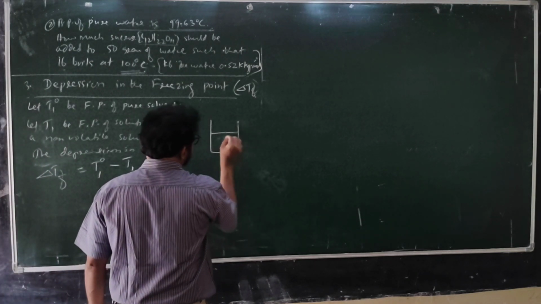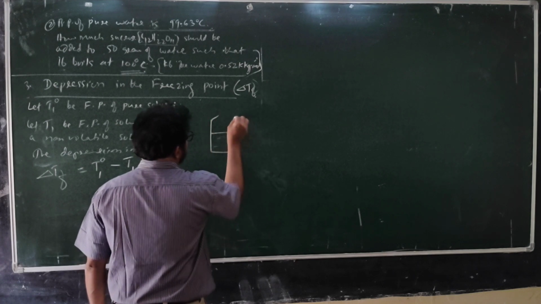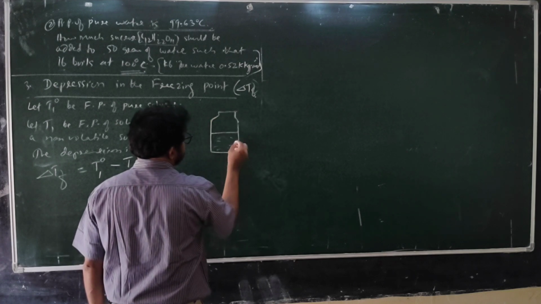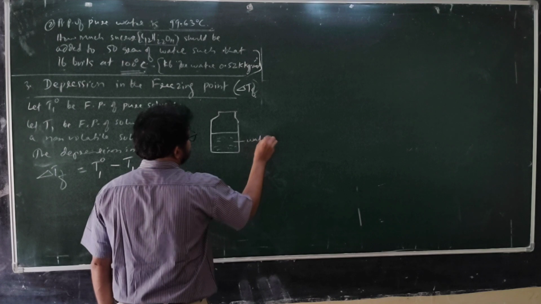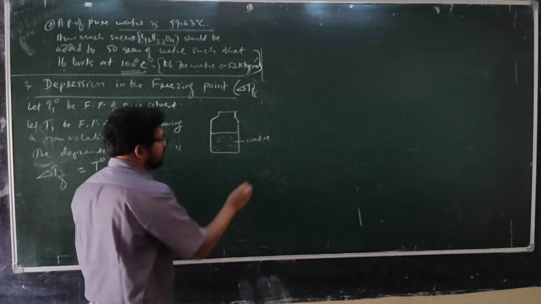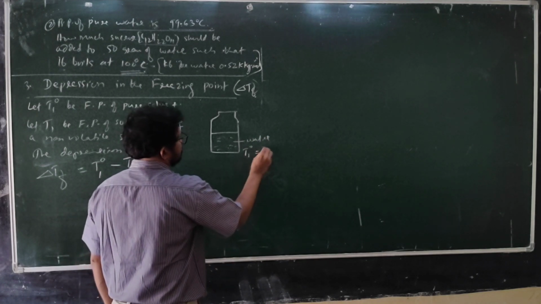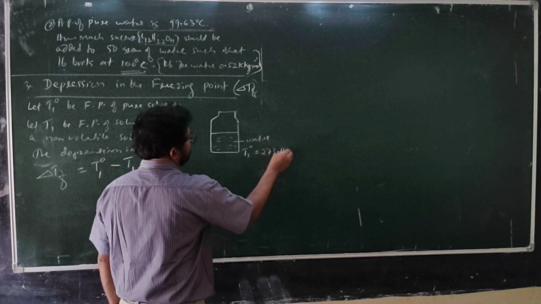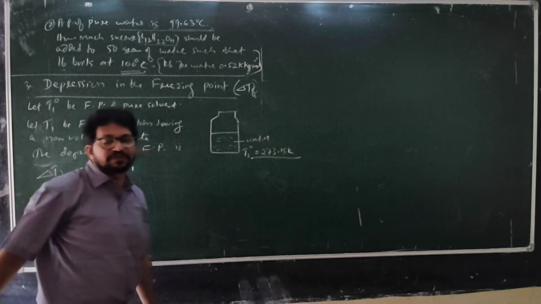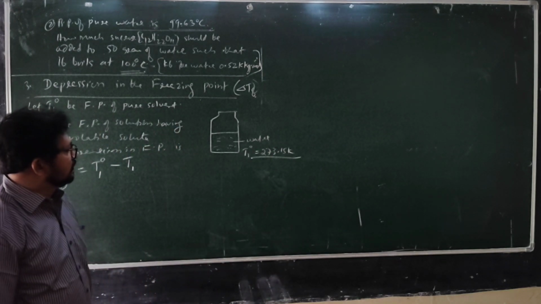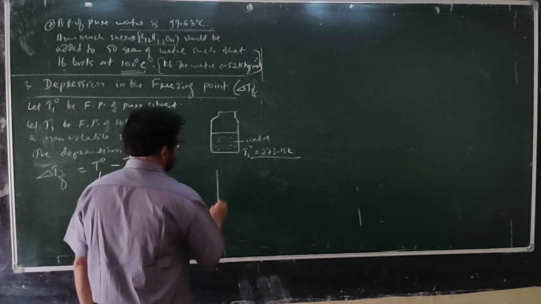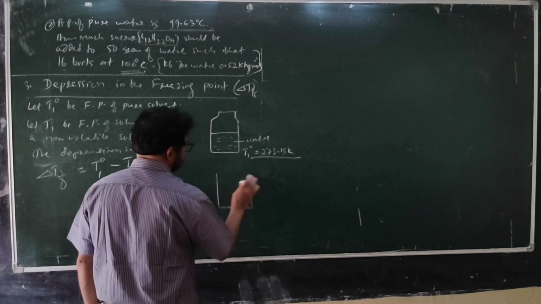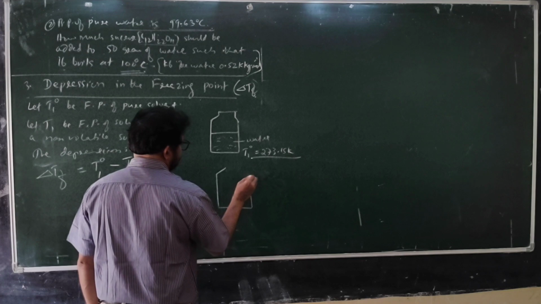This is water. So pure water. What is the freezing point? 0 degree. T1 naught is 273.15 Kelvin. Think, 0 degree Celsius. Now, suppose if I put some sugar to this, what happens to the freezing point?